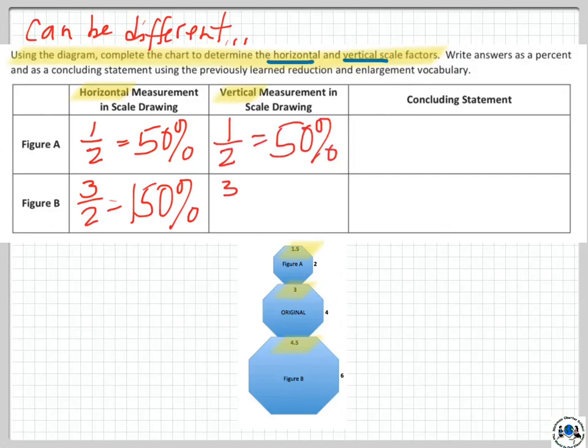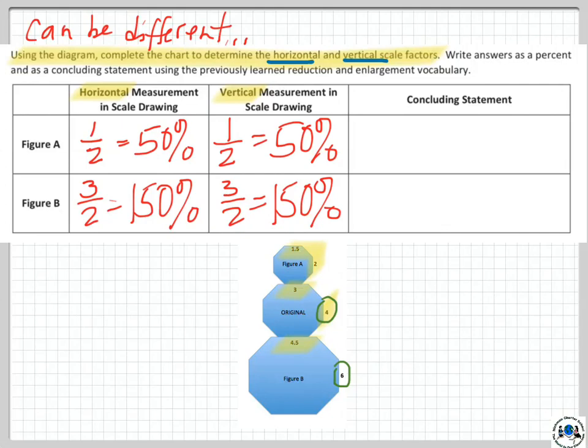Looking vertically, this is the measurement we took the first time around. In figure A we have 2 over 4, comparing to the original, and in figure B we have 6 over 4, which is the same as 3 over 2, which is 150%.